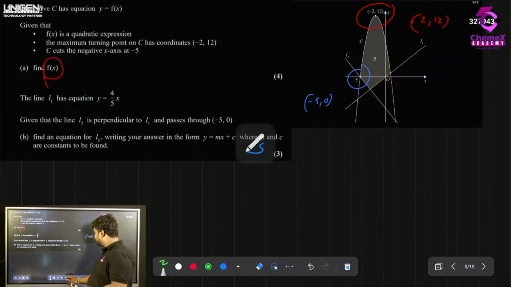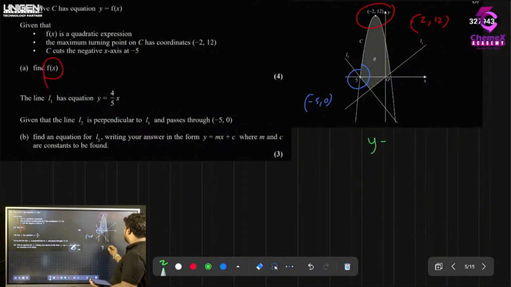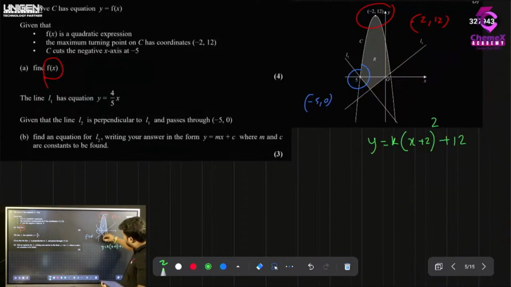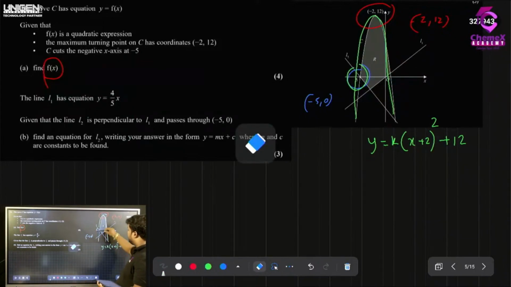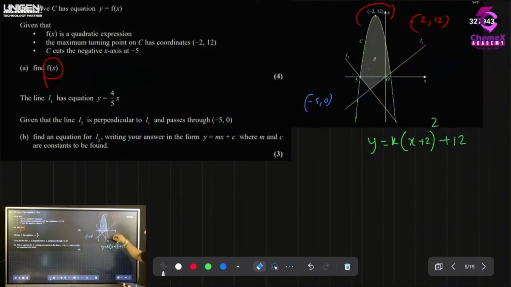When you get a question, here they have given y equals some number, x plus 2, because minus 2 means plus 2 in the bracket, plus 12. Can you see in this curve there is another point? That should tally with our equation, because that's a point on that curve. So minus 5, 0 should also tally with this equation.